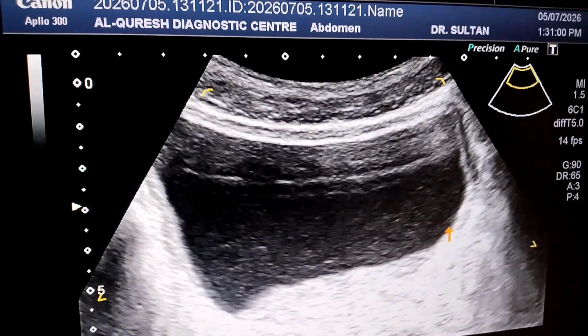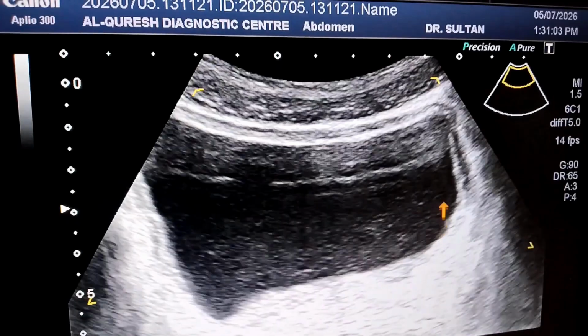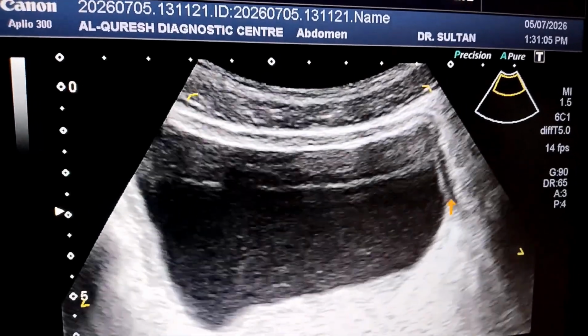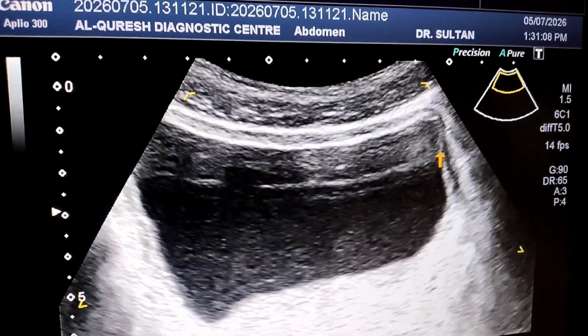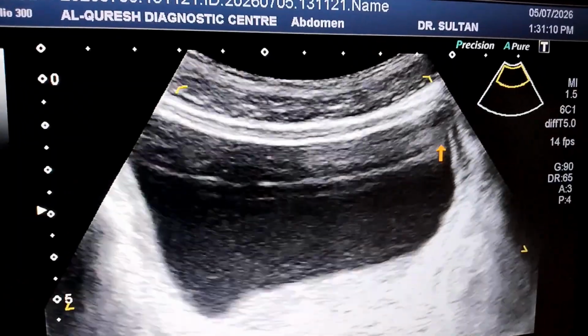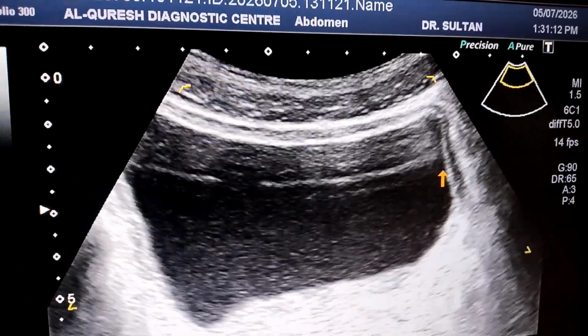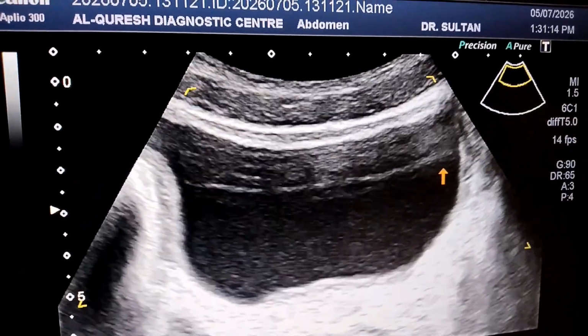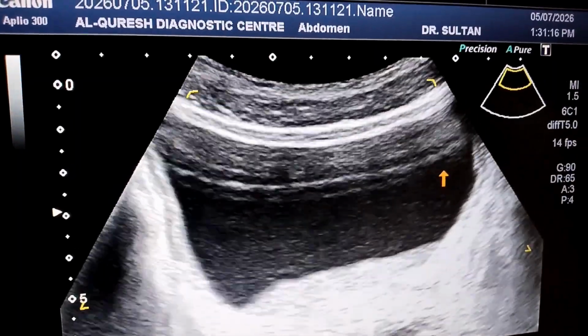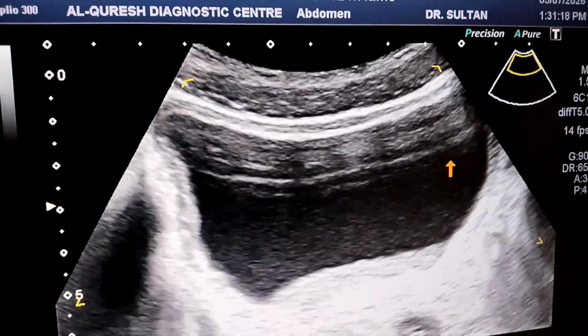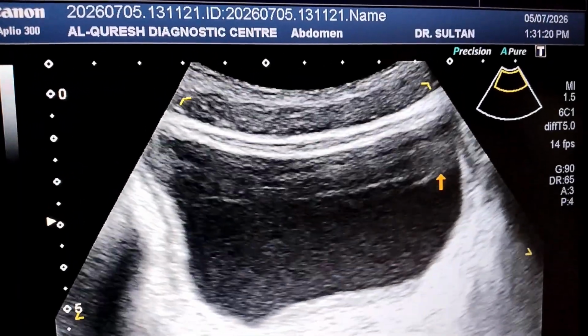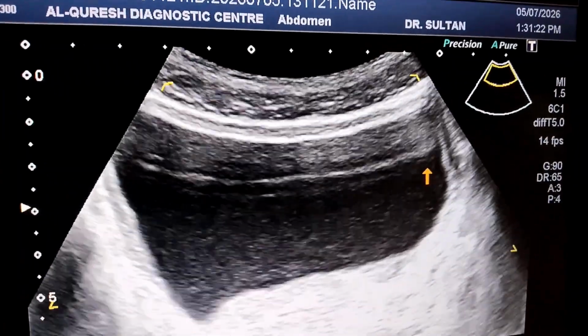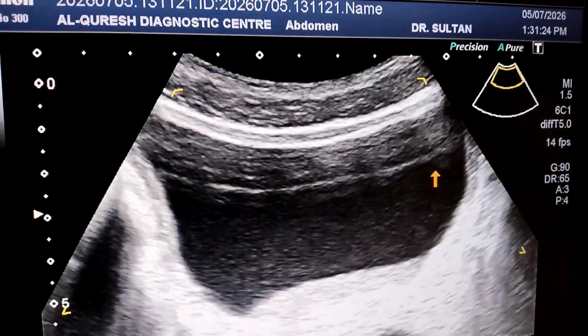Not irregular means at some places it is more, at some places it is even more, and sometimes in some places it is nodular. So this is not like this. This is smooth wall thickening. So for this reason we can say it is a case of acute cystitis.